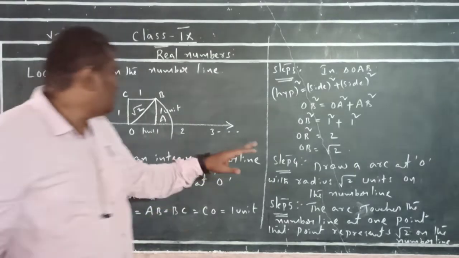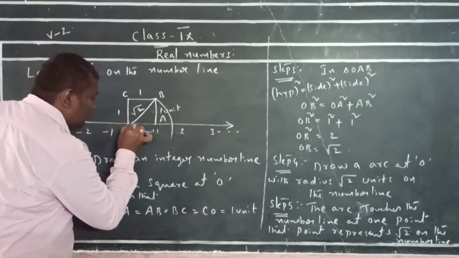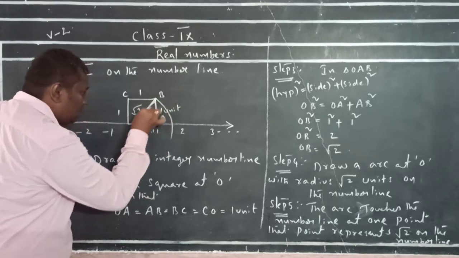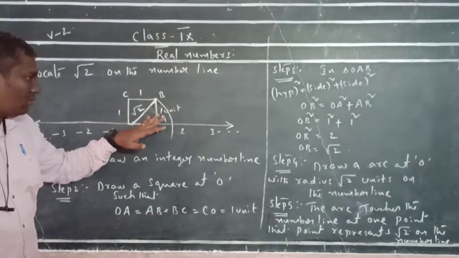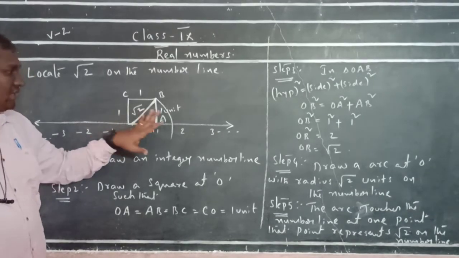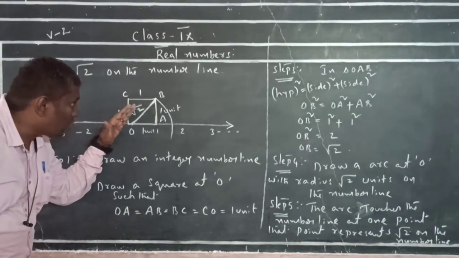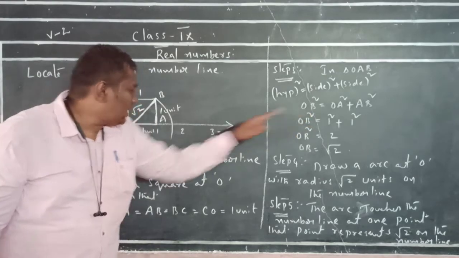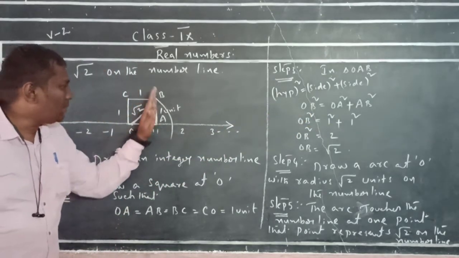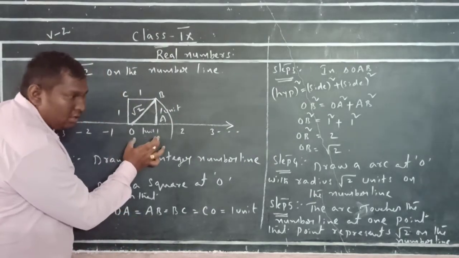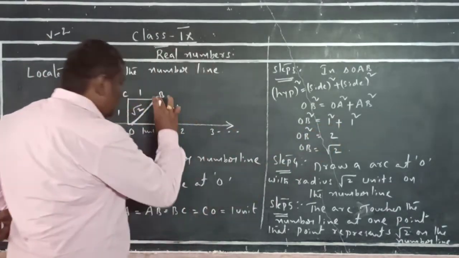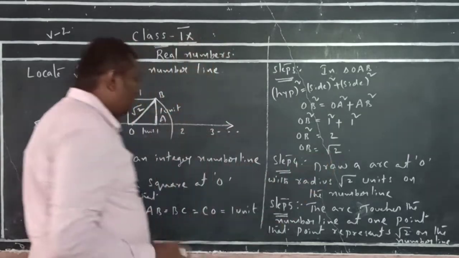Next, third step, take triangle OAB and apply the Pythagoras formula. Hypotenuse square equals side square plus side square. The hypotenuse is OB. Here OB square equals OA square plus AB square. The value of OA is 1 and AB is 1. Then you get the value root 2.